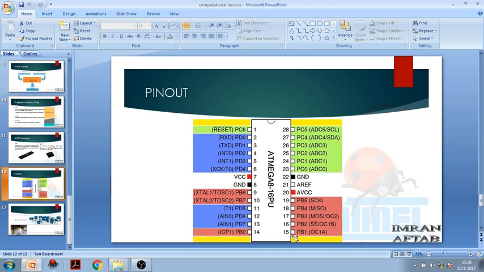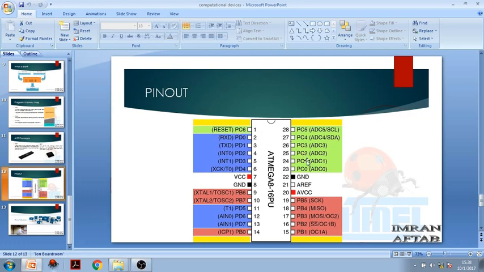It starts from PB0, PB1, PB2, PB3, PB4, PB5, PB6, PB7, and then we have port C, PC0 here. This green color indicates port C.